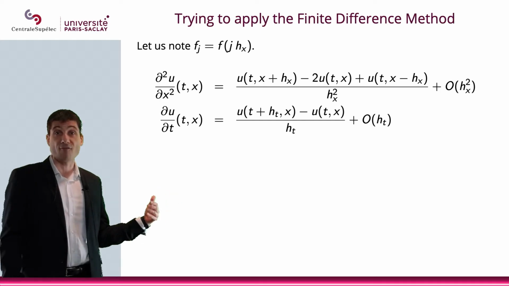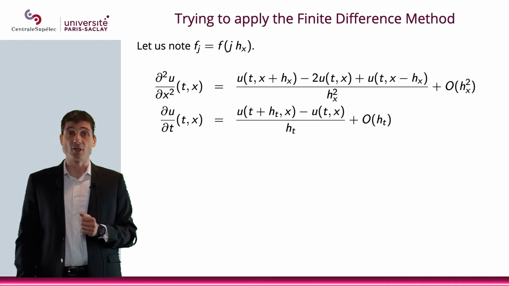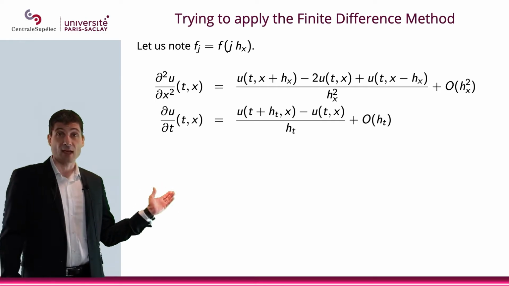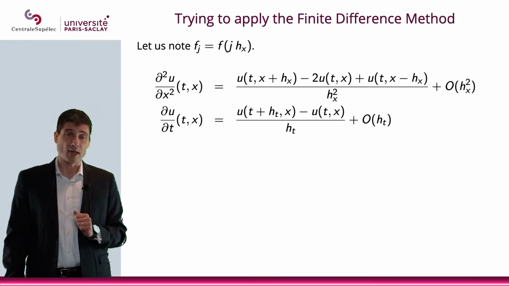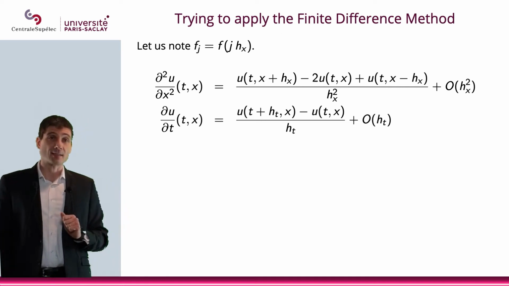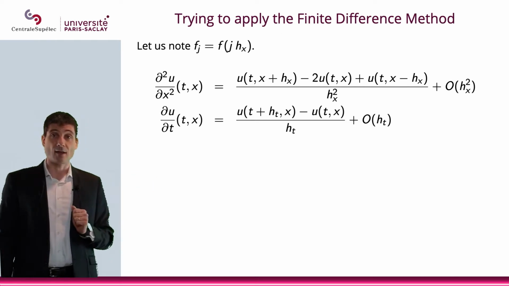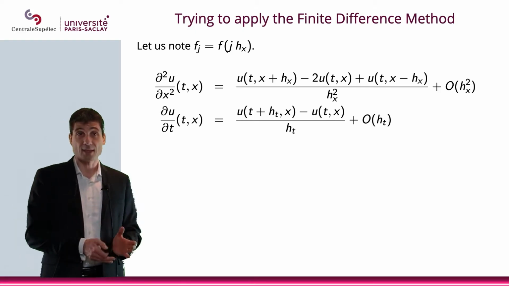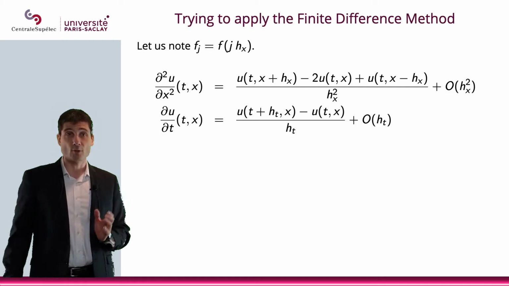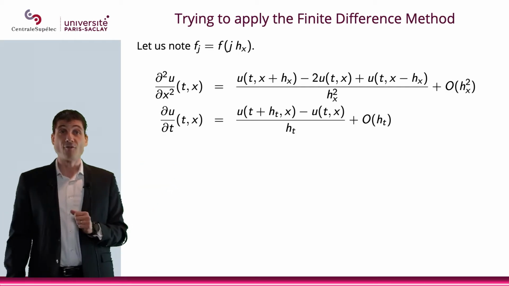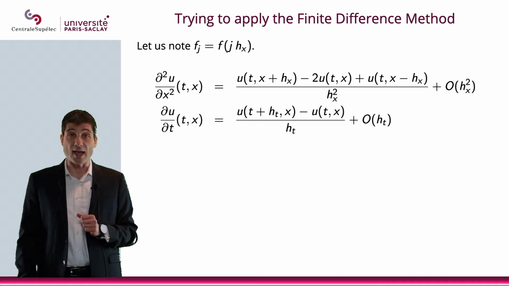And here I choose a forward difference quotient. I could have chosen something else, but I chose a forward difference quotient. Actually, there is a reason why I'm choosing this. So this is the approximation of the second derivative of u with respect to x and the first derivative of u with respect to t, and on the other side, the exact value of f at j hx.